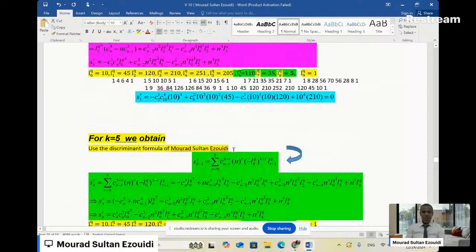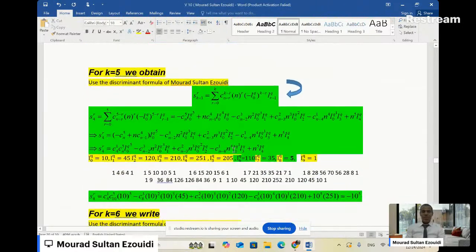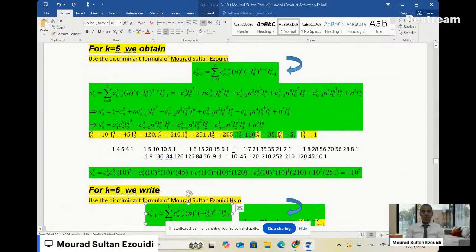I will proceed, my kids. I'm going to find S4. To find S4, take k equal to 5 in the formula of Mourad Ezouidi, then rewrite it after making the expansion and simplifying where possible.